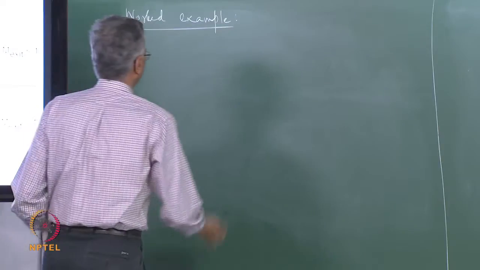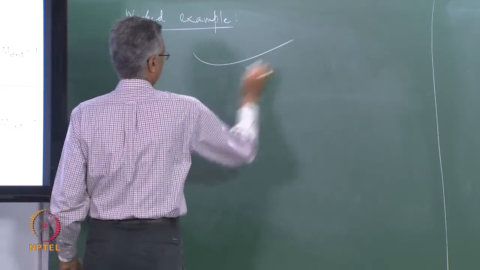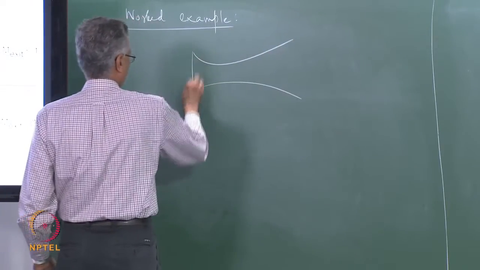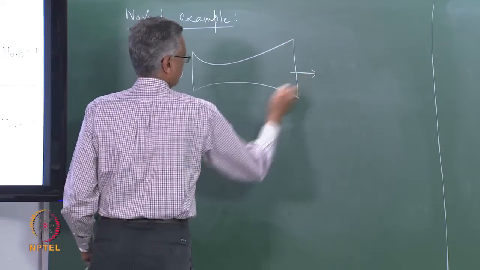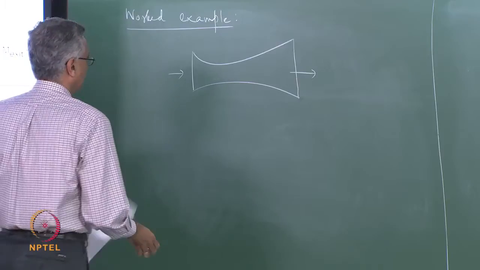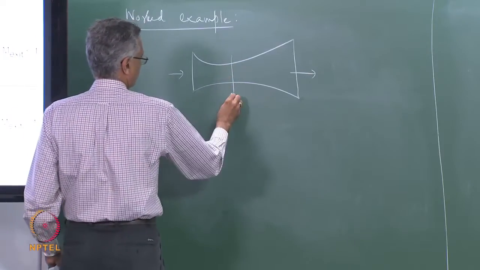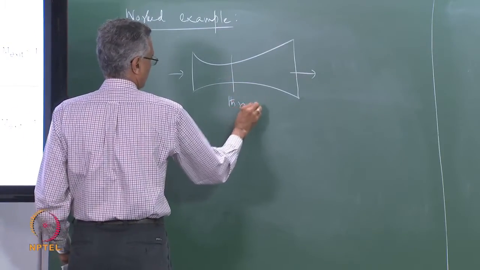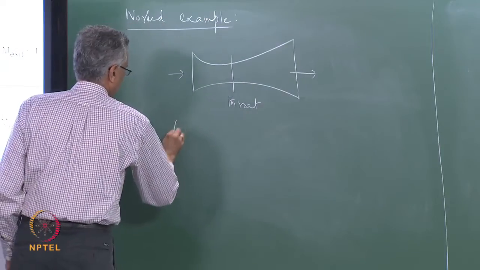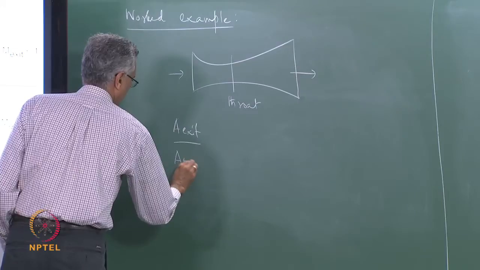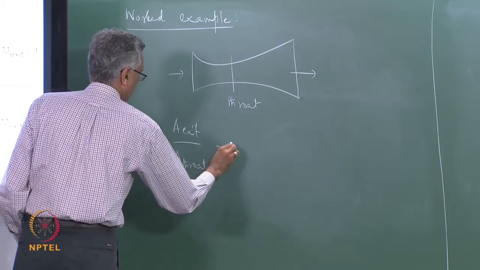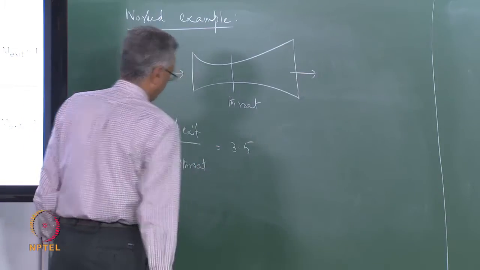So, we have a convergent divergent nozzle. So, this is the throat. It is given that the exit area A exit to A throat is equal to 3.5.